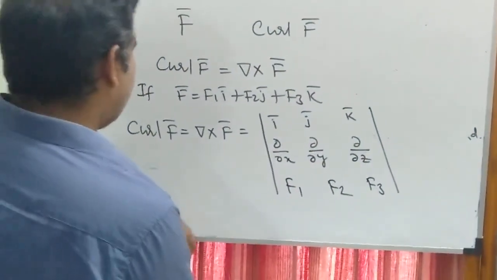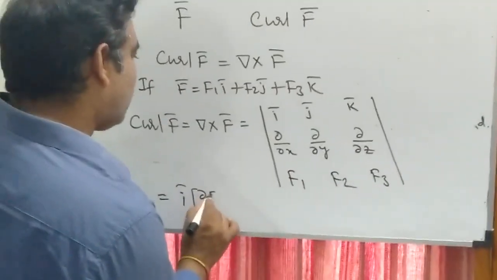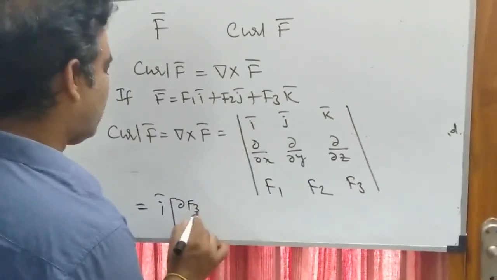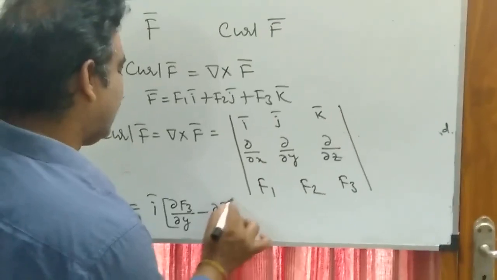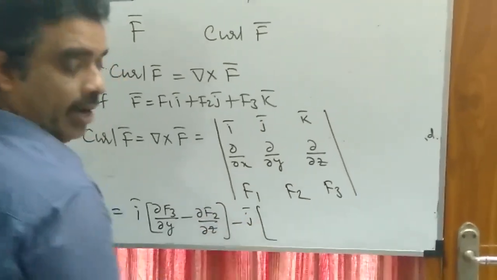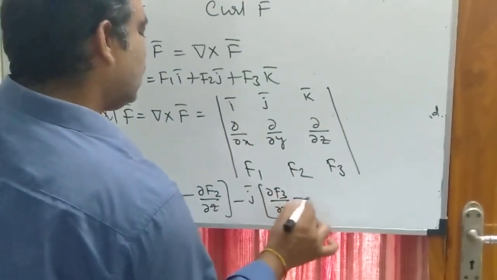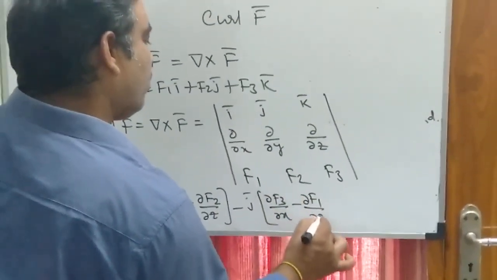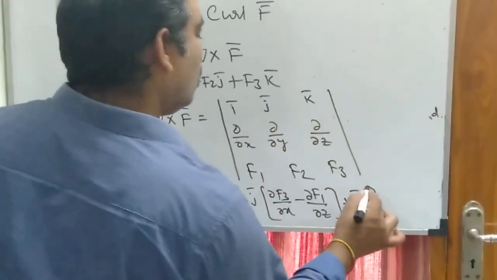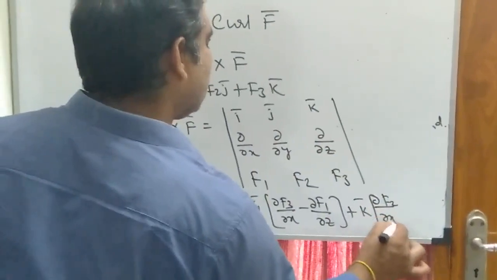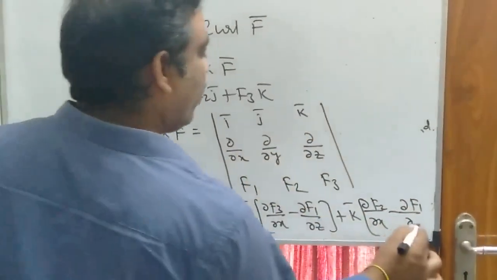So on expanding this determinant, i bar into dou f3 by dou y minus dou f2 by dou z, minus j bar into dou f3 by dou x minus dou f1 by dou z, plus k bar into dou f2 by dou x minus dou f1 by dou y.